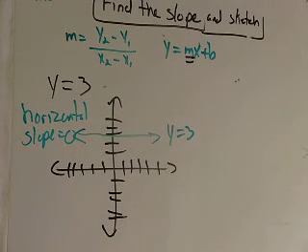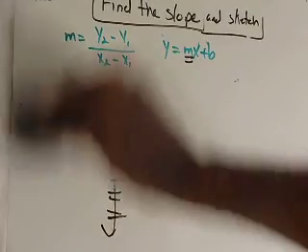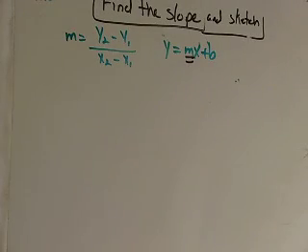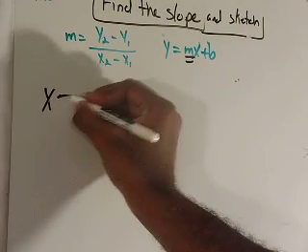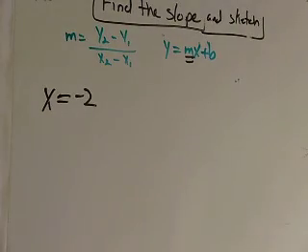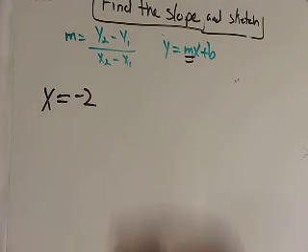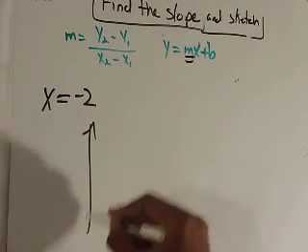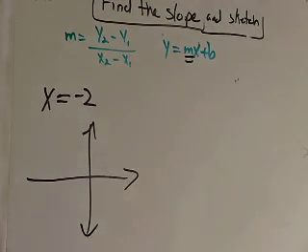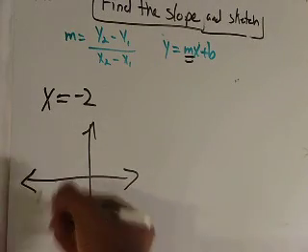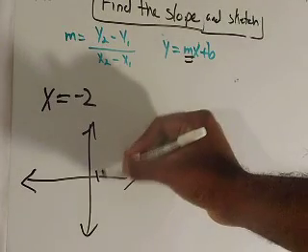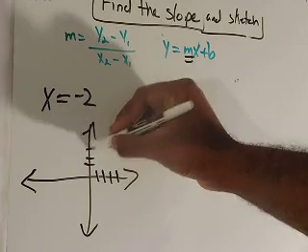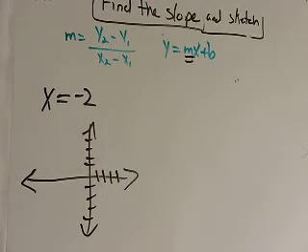What happens if they give you x is equal to something? For example, how about x is equal to negative 2? Think about this. If y equals some number gives you a horizontal line, what do you think x equals some number is going to give you? A vertical line. Exactly.